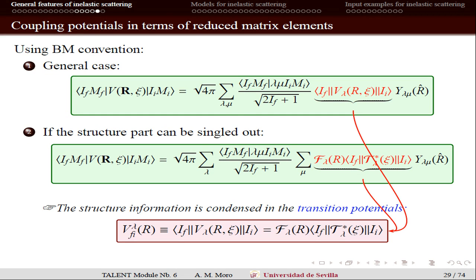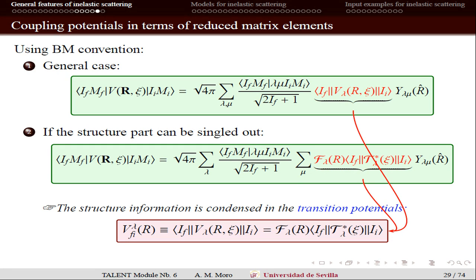So all the structure information, and this is probably the main point that I want to make here, all the structure information of our model is contained in these reduced matrix elements of the interaction potentials. This is the information that a coupled channels code, or any code, requires to make a calculation. From the user's point of view, these are the reduced matrix elements. In the general case, we have something like this, depending on lambda and the initial and final angular momentum.